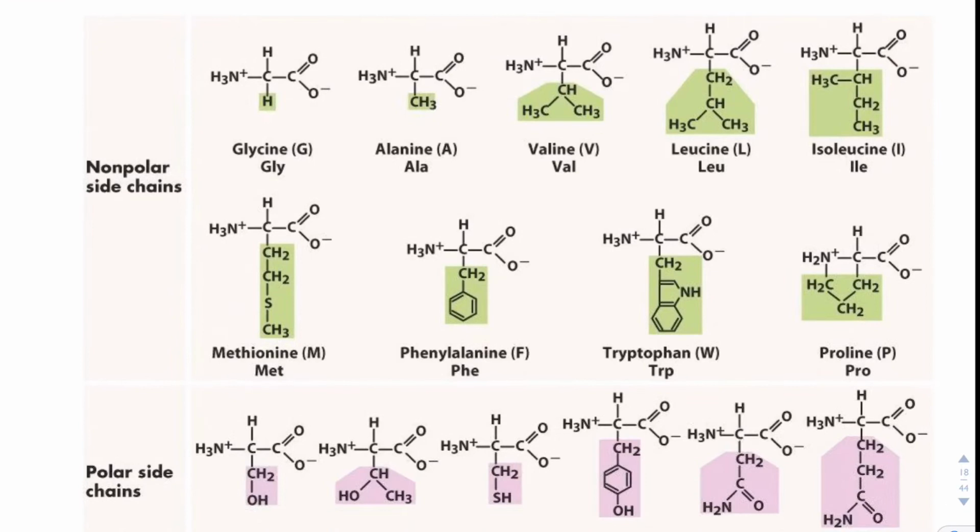Now, what I want you to recognize is they all pretty much have the same backbone. The only thing that is different is the highlighted groups, and that makes it a lot easier to recognize.